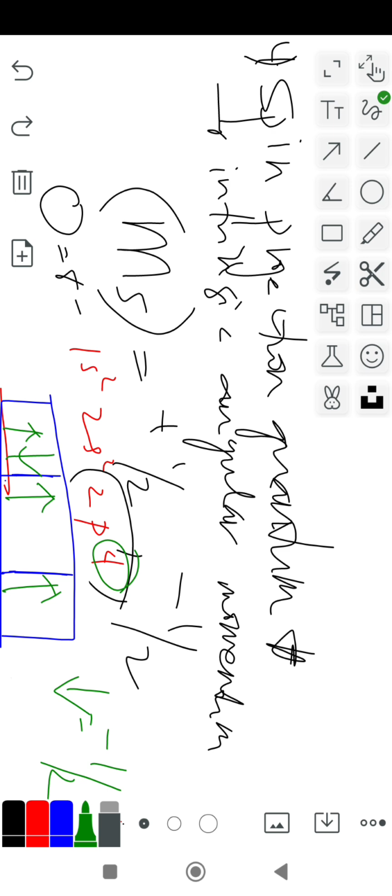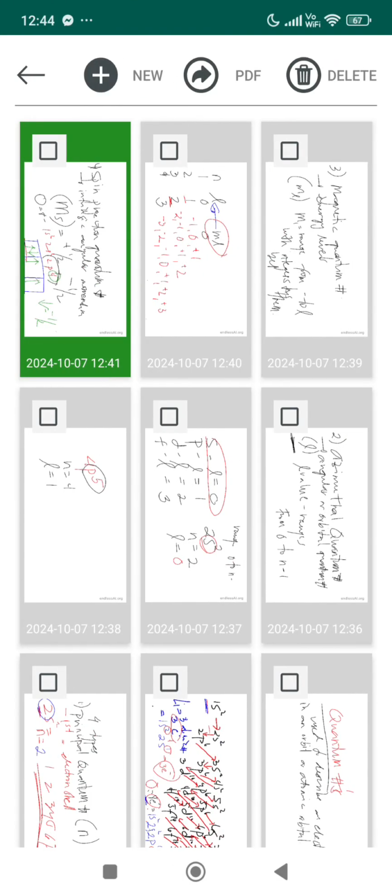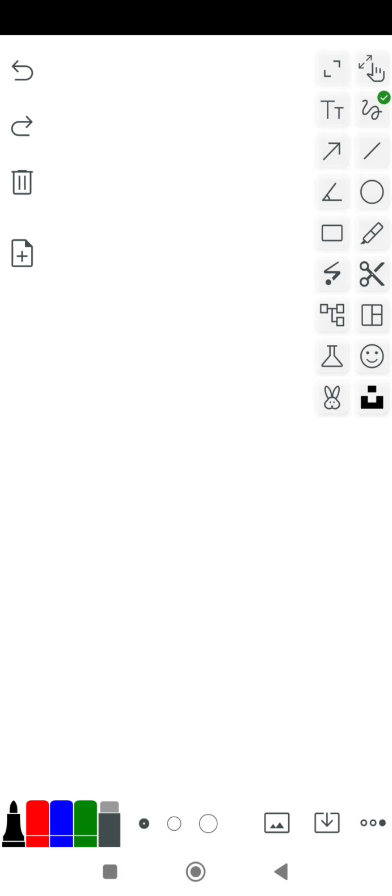Okay, so let's have an example of all the different quantum numbers. Let's have F, or fluorine. The symbol of fluorine is F, and fluorine has an atomic number of 9.